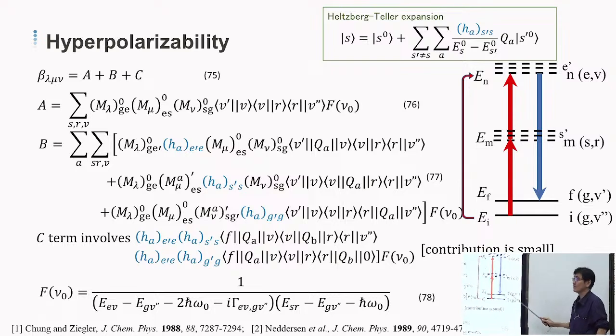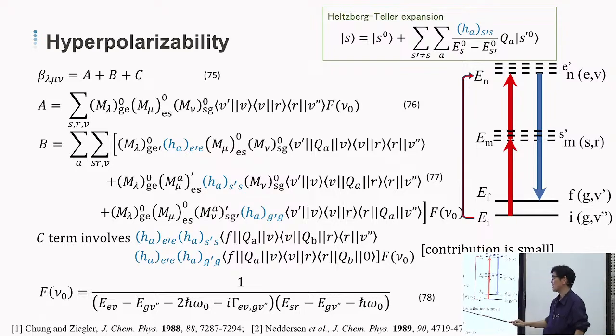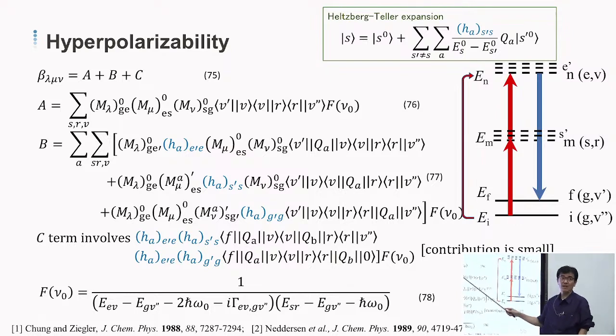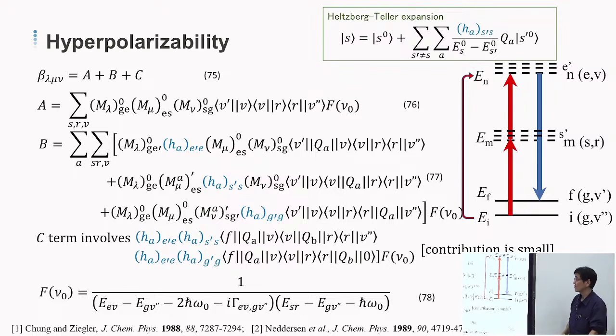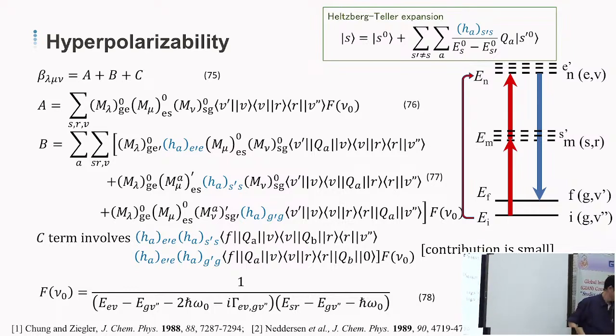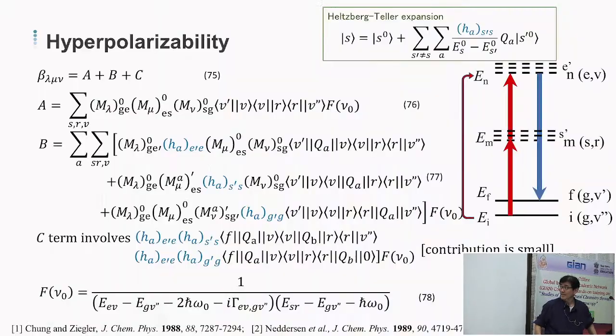The C term involves the additional term twice, and this is too small to discuss. So usually we discuss contributions from the A term and B term, and in most cases the A term is the most important, the strongest. Okay.